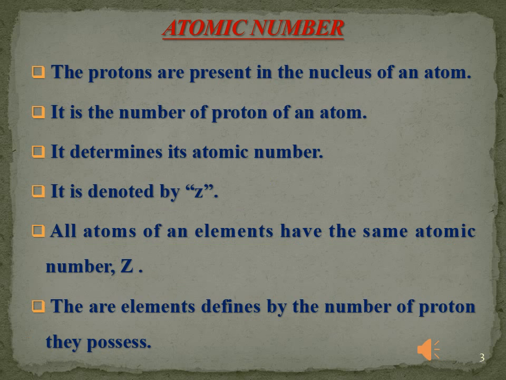So it determines its atomic number, which is denoted by Z, and all the atoms of an element have the same atomic number. Elements are defined by the number of protons they possess.